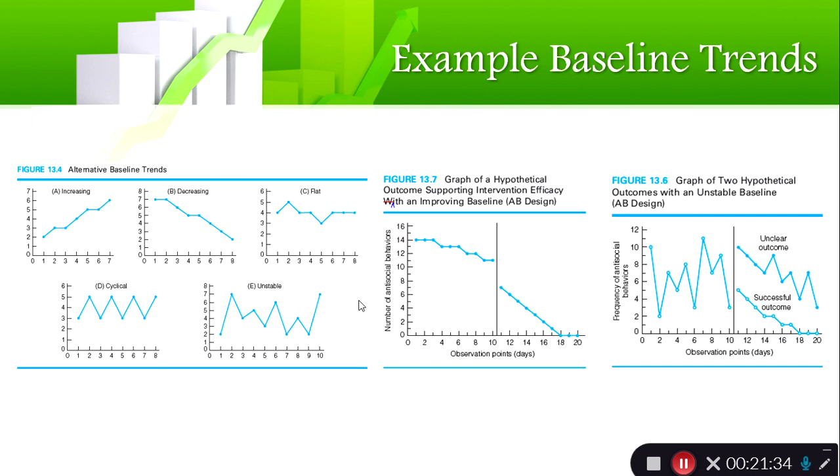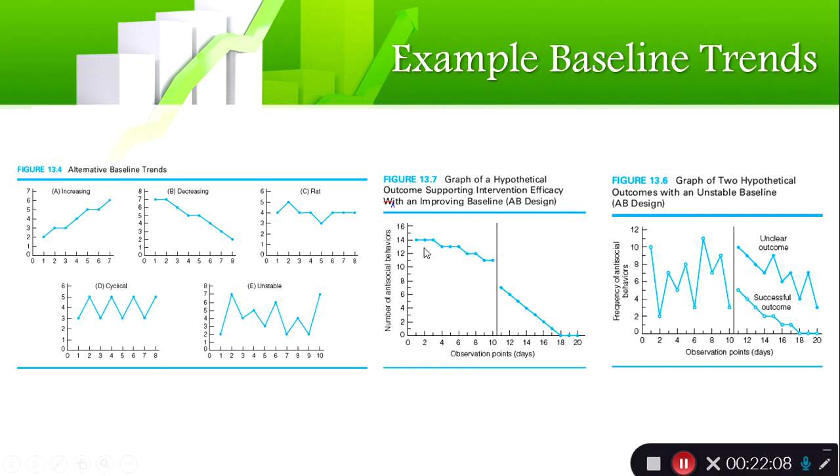If the client is going through a very tumultuous time in their lives and they have a lot of things on their plate, well, our trend line at the baseline could end up looking something like this. So if we're not in communication with our clients about what's going on with them, then we might end up producing a baseline that is very hard to interpret. And so we want to be in conversation with them so that we can try to establish as clear and as stable of a baseline as possible.